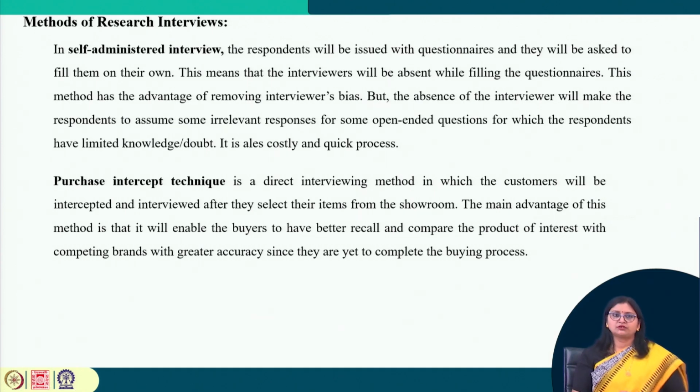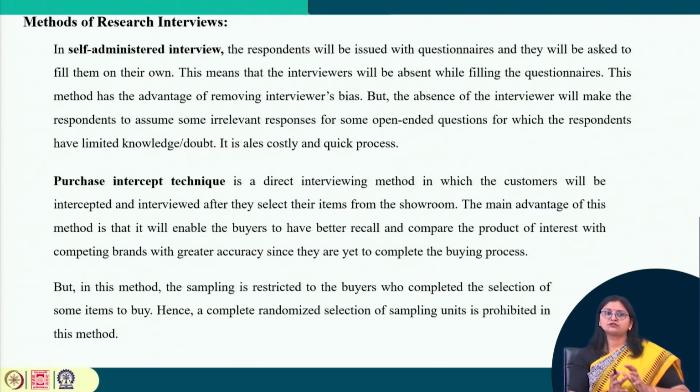Purchase intercept technique is a direct interviewing method in which customers are intercepted and interviewed after they select their items from any showroom or shopping complex. The main objective of this method is to get buyers to have better recall and to compare the product of interest with competing brands with greater accuracy, since they are yet to complete the buying process, and it means they are interviewed on the spot.